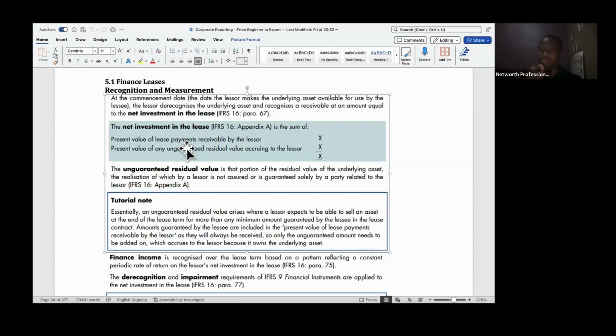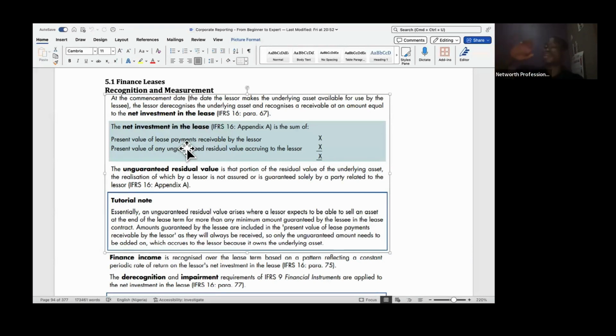Meaning that the lessee, when he takes up these assets under this lease arrangement, would have given a guarantee to the lessor: I promise you that at least at the end of this lease term, you will get 100 naira from the sale of these assets. Even if you're unable to sell it at 100 naira, if you sell it for less, let's say 50 naira, I will make it up for you.